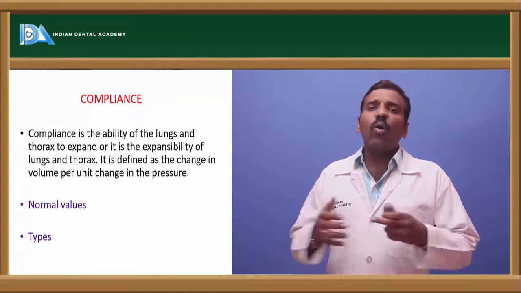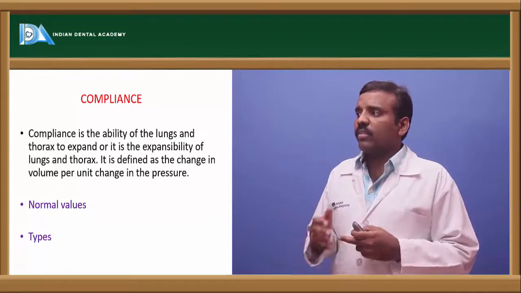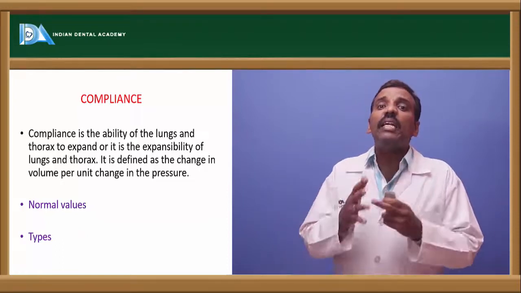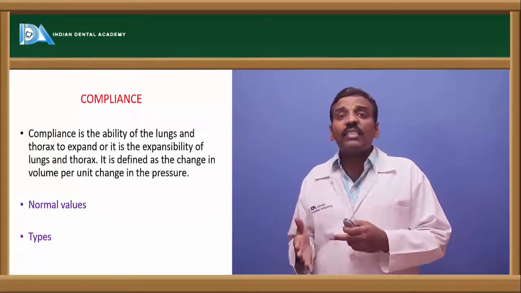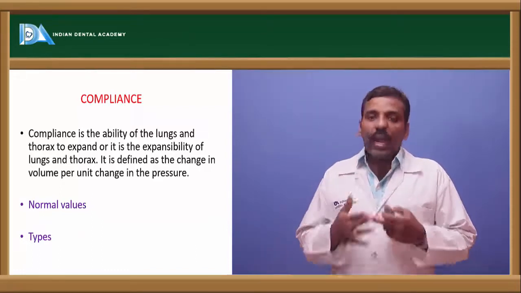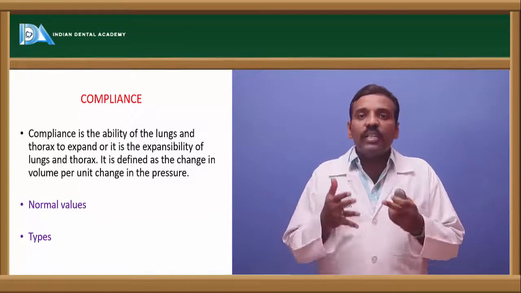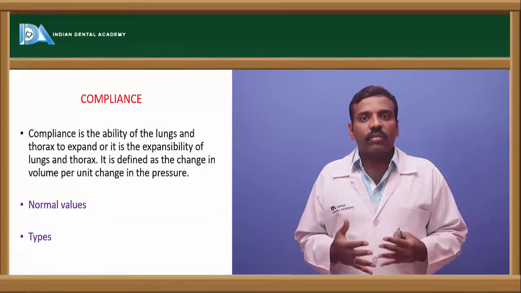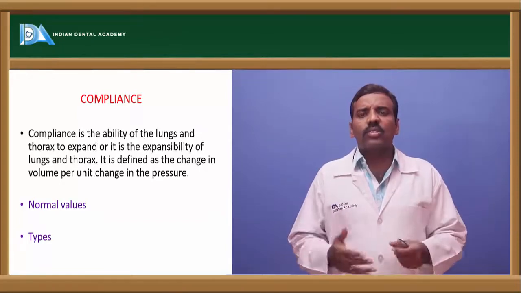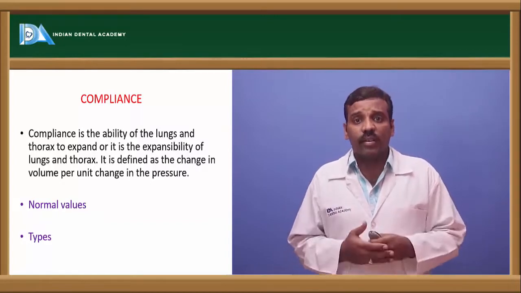Okay, and all this depends upon the compliance. What is compliance? Compliance is the ability of the lungs and the thorax to expand, the expansibility of the lungs and the thoracic cage.